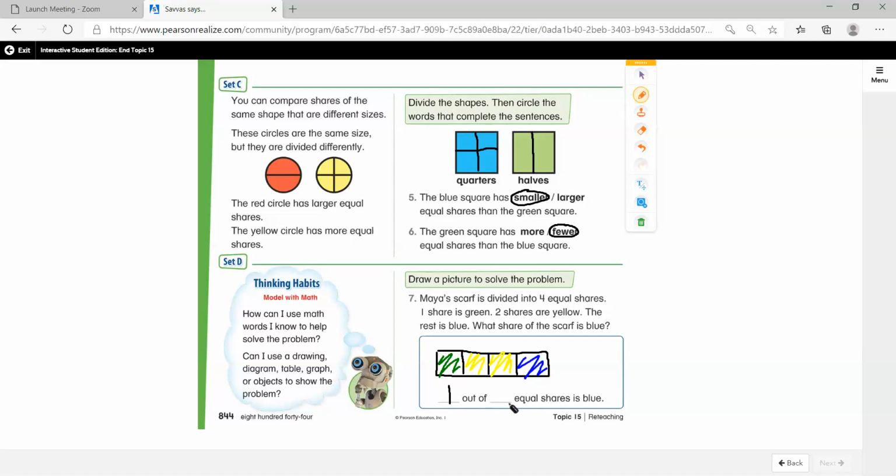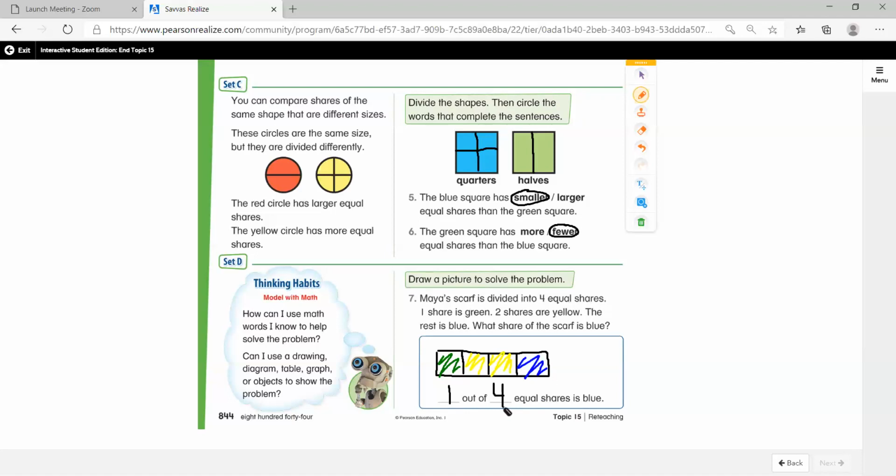The second number, I want to count how many shares in all. And her scarf had 1, 2, 3, 4 shares. So 1 out of 4 equal shares is blue.